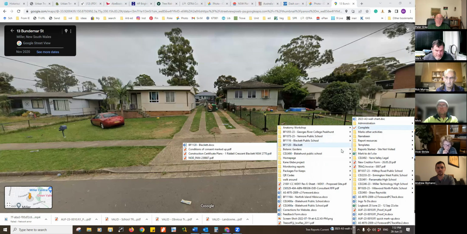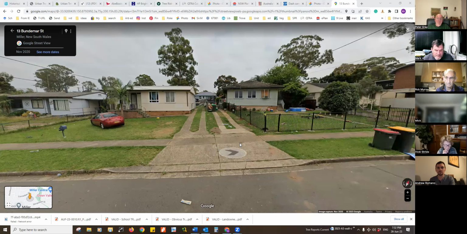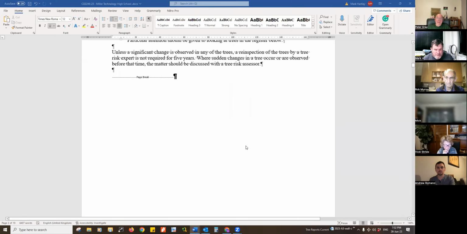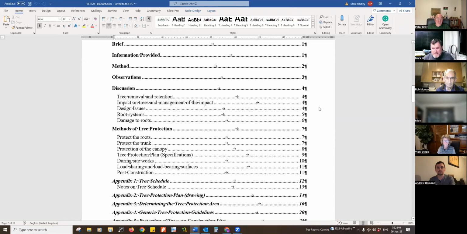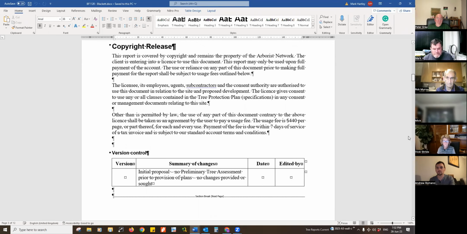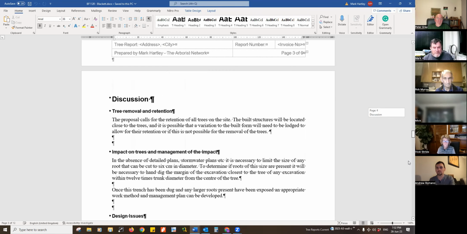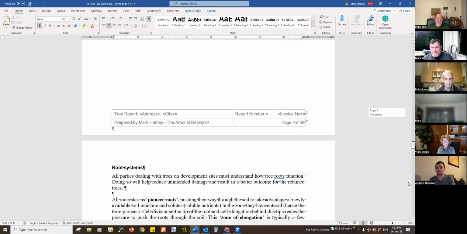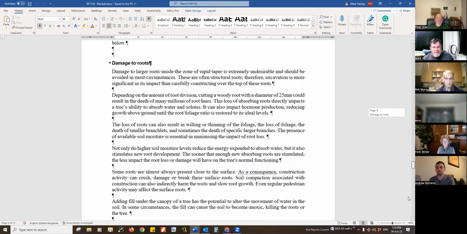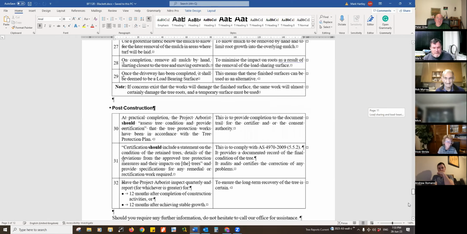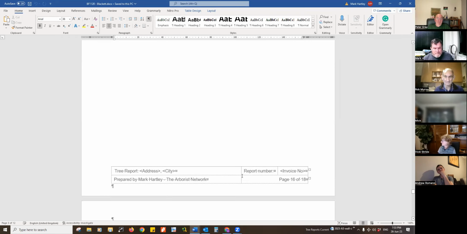If I open it up and zoom down quickly enough, we'll be out of the bulk stuff. But this is a development site, and they've got approval. Now I have to do an arboricultural impact assessment report. There's an approval. How the hell am I meant to deal with that?